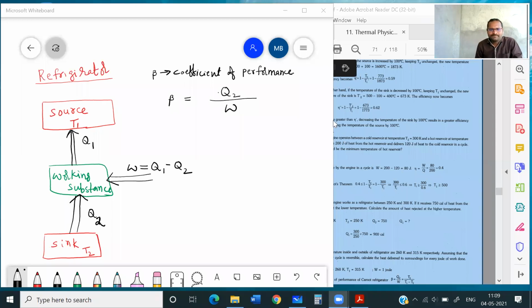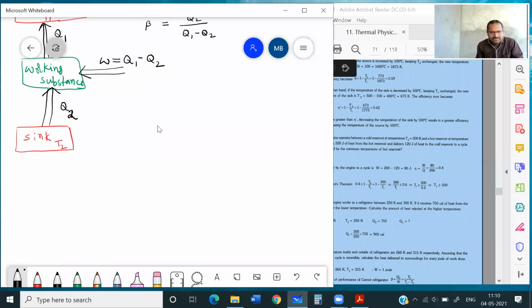Okay, clear? Now this coefficient of performance can be written as Q2 divided by the work done, which is Q1 minus Q2. And still it can be written like this: beta is equal to Q2 upon Q1 minus Q2.